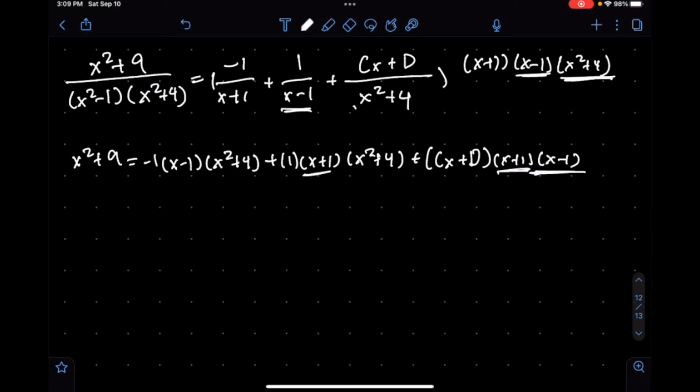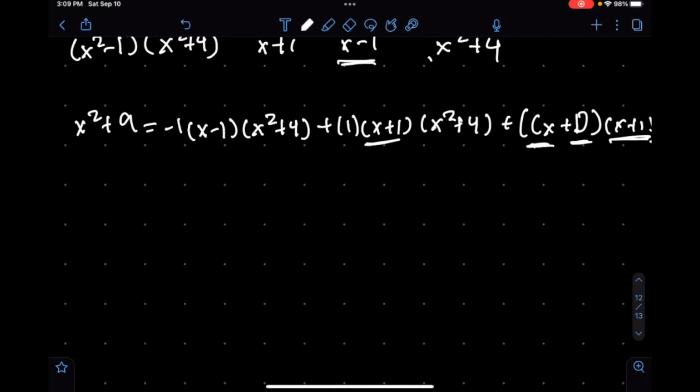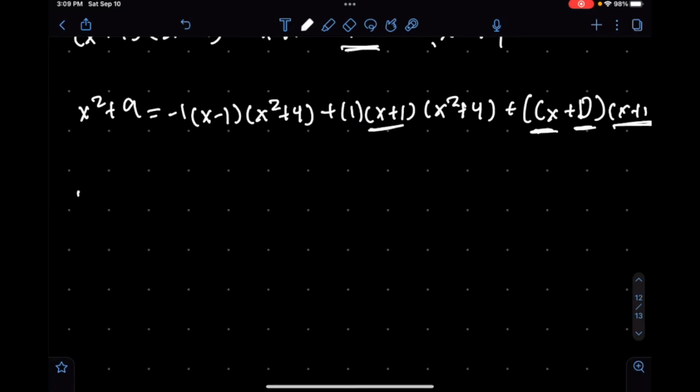And now we can get this d term if we set x equals to 0, because then the c term cancels out, but the d term does not. So we'll have case 3.